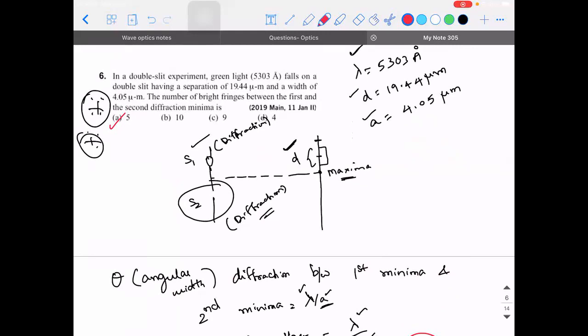They're asking the distance between the first minima and the second minima. When you use double slit, though there is going to be diffraction taking place, the diffraction should be in favor of the YDSE. That is what I'm trying to say. If at a particular place on the screen there is a dark spot due to diffraction, due to interference also there will be the same dark spot.